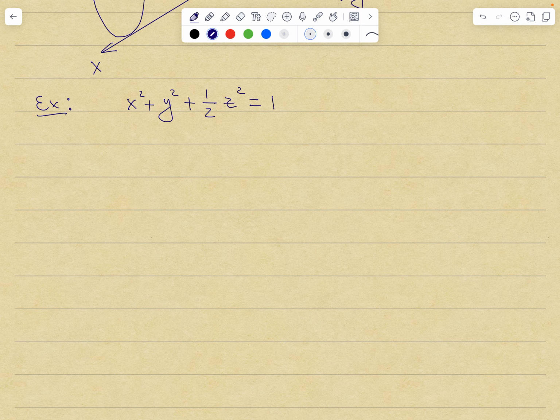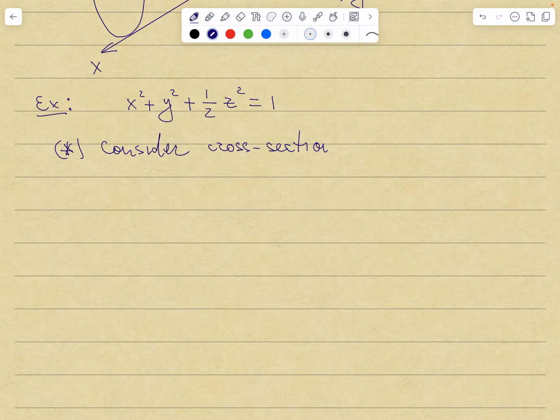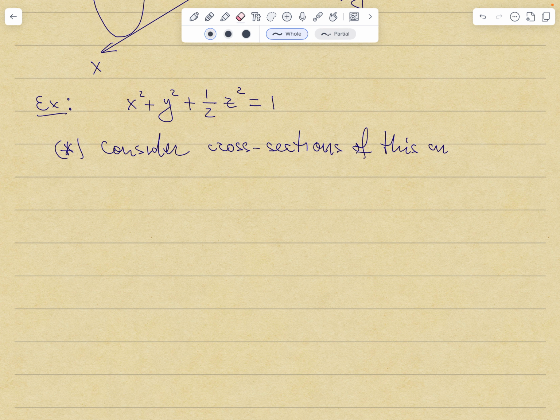So, for example, consider cross sections of this surface, let's say by planes perpendicular to the z-axis.